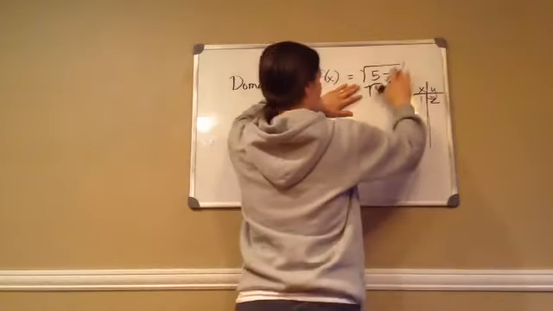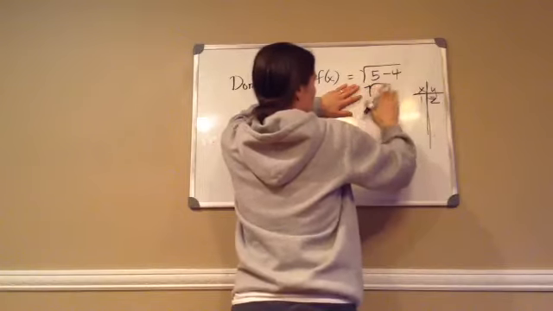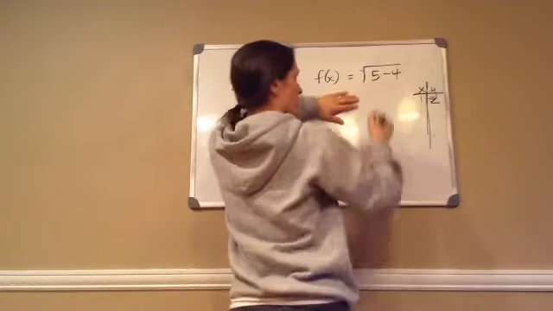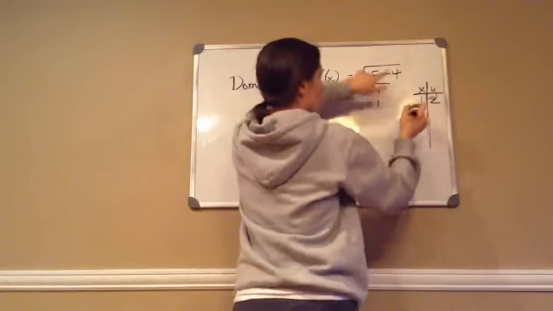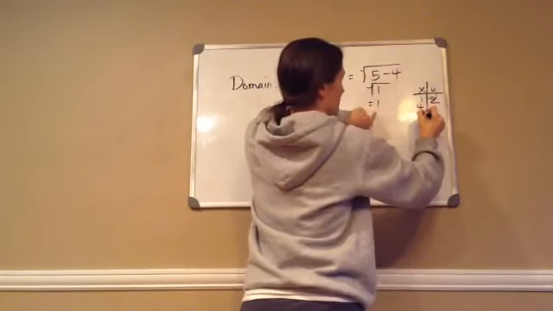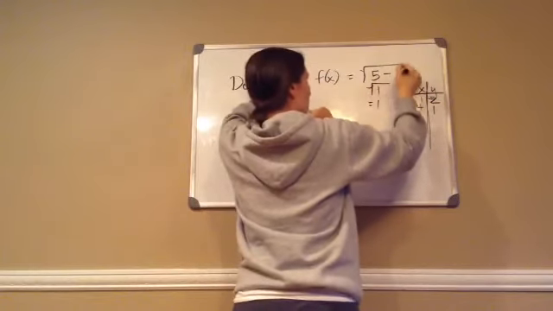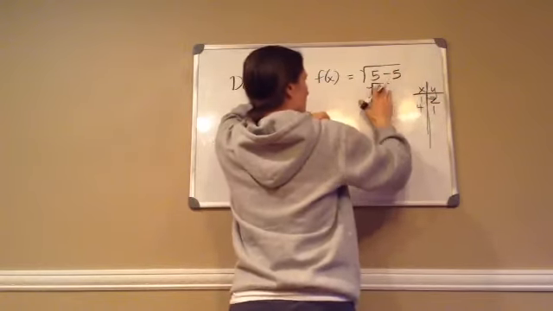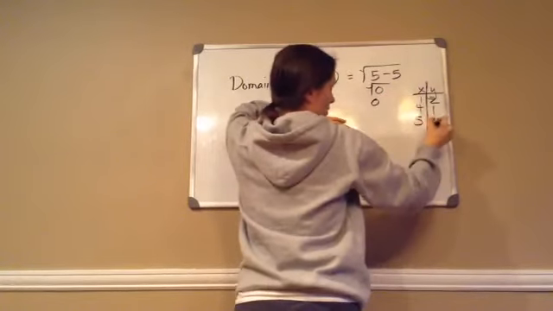If I put 4, I'm just trying some different ones, 5 minus 4 is 1. Square root of 1 is 1. So when my x is 4, y is 1. When I do 5 minus 5, that is 0, and the square root of 0 is going to be 0.